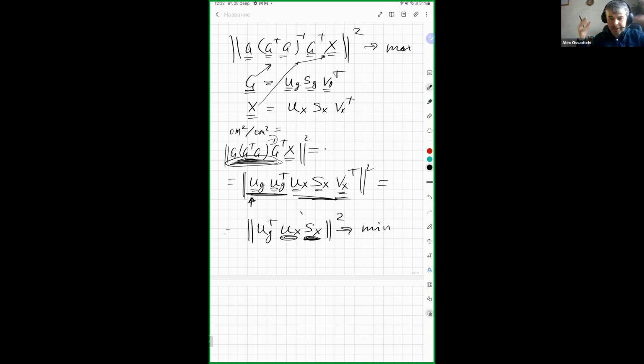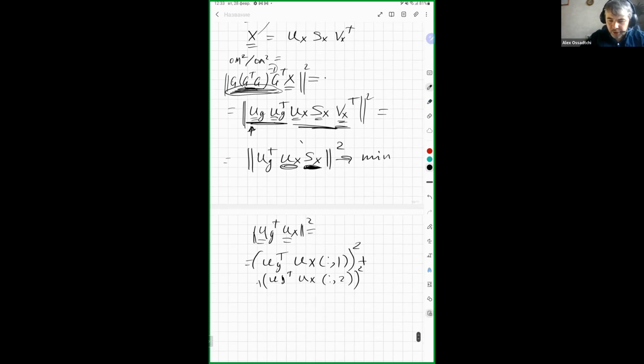This tells us about the size of our X, not the size in terms of number of rows or columns, but about the magnitude, the amplitude. So if we ignore this, we will be just looking for the shapes, and it is essentially the same thing as before, except that now we have UG transpose times the first column from UX, and this Frobenius norm of this, and UG transpose times the second column from UX, again squared, and again squared.